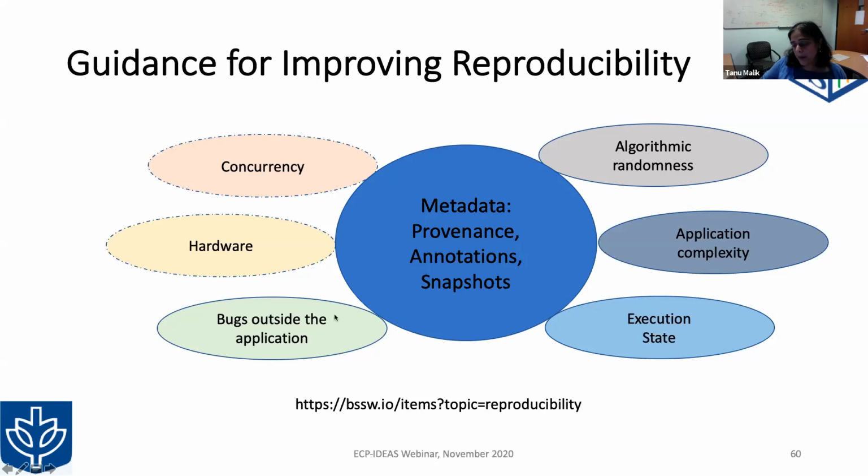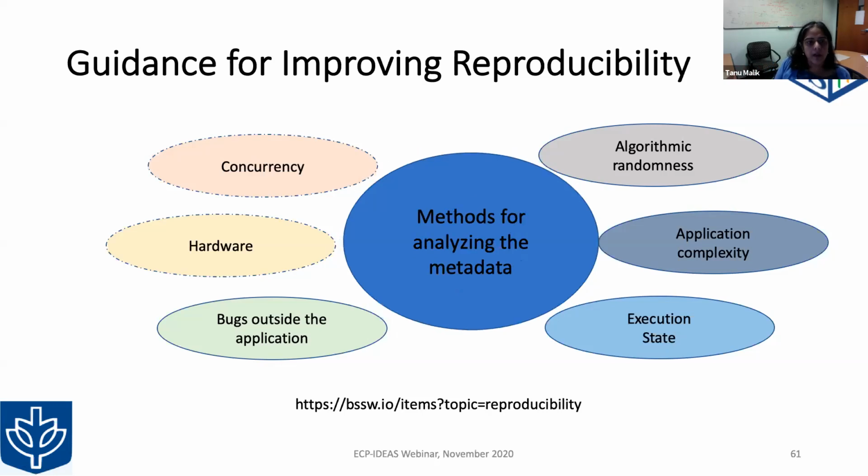And by applying isolation, doing this within the namespaced environment, we are avoiding bugs outside the application. What is still remaining is being able to identify reproducibility within irreproducibility that might be coming due to concurrency.